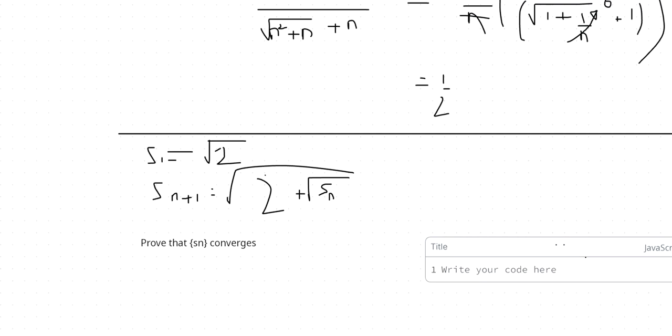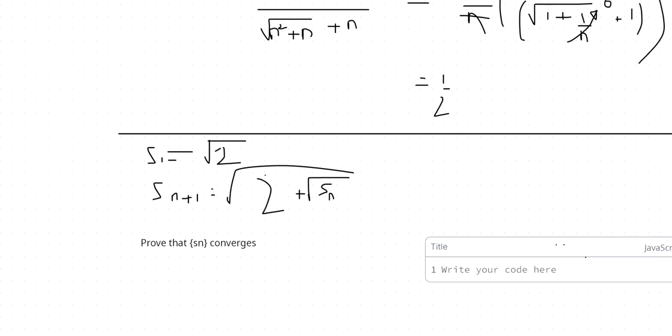For the base case, S1 is equal to root 2, which is equal to 1.4. S2 would be root of 2 plus root 2, which would be around 1.85. So as we go up the sequence, S3, S4, S5, Sn, Sn plus 1 will always be less than 2.